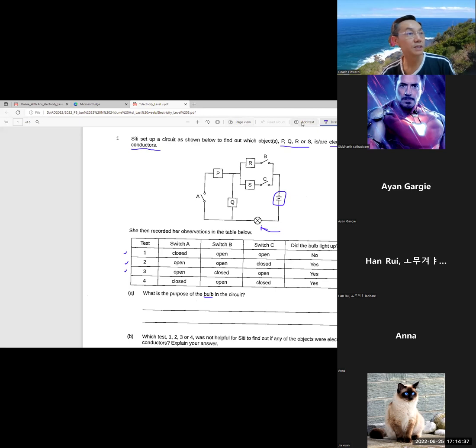You say, to find out if electricity is passing or flowing through the bulb.